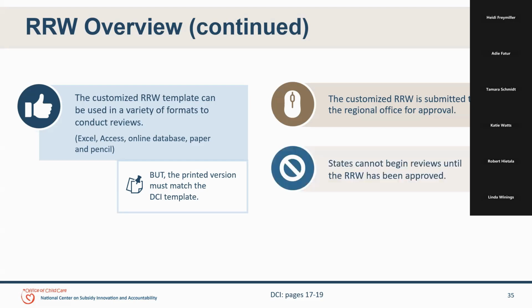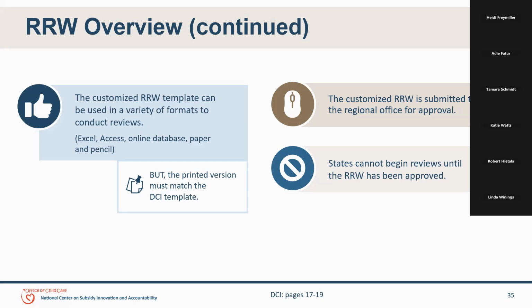Katie, there is a question about that very thing. Alma Gonzalez says, if our electronic RRW was approved in fiscal year 23, do we need to have it approved again in fiscal 26? Yes, it will need to be approved again. There are a couple of little changes to a couple of the boilerplates, which I'll show you later on.